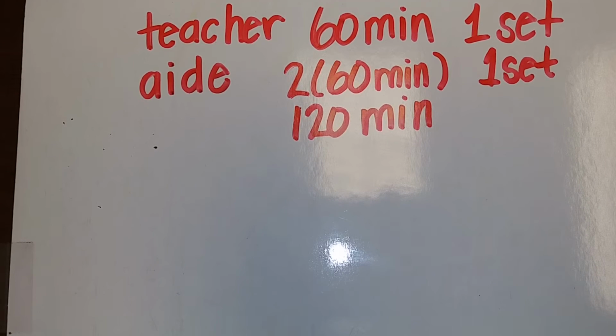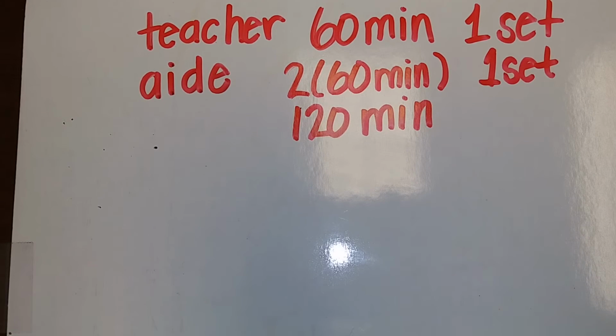What should my answer look like? When you do the math, the answer has to make sense. If I get an answer that says 200 minutes, that doesn't make sense, because they're grading the same set of papers and splitting the work. How long would it take them to do the work together? That's what we're trying to figure out.